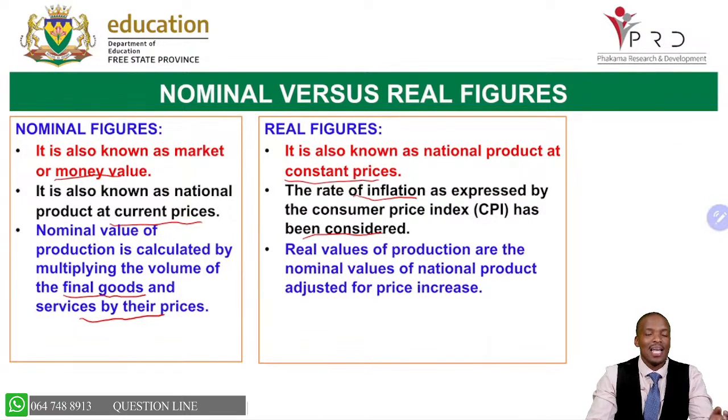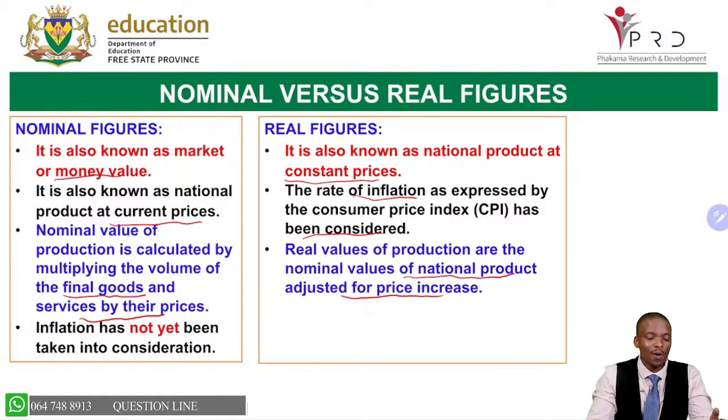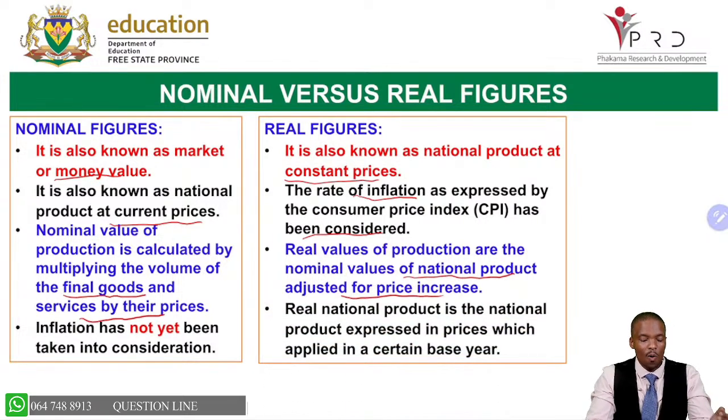On the other side, the real value of production is the nominal value of the national product adjusted for price increase. In other words, in the current prices, inflation has not yet been taken into account, while on the other side, inflation has been taken into account.